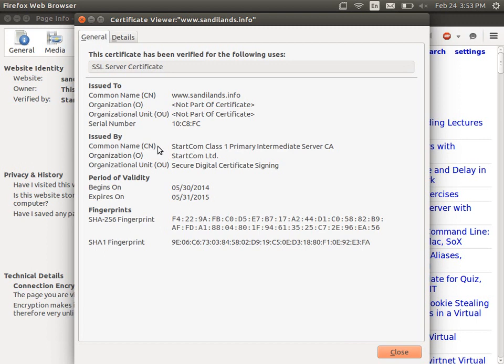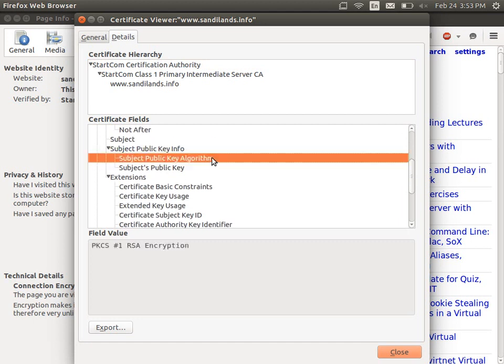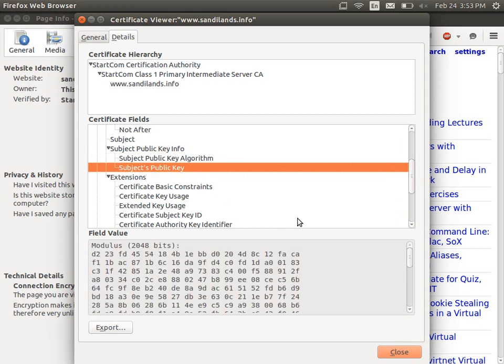If we view the certificate and we look at the details, again, hard to see. You'll have a look in your own browser to see all this. But we see in here the public key algorithm used in the certificate is RSA. And the subject's public key is given here.